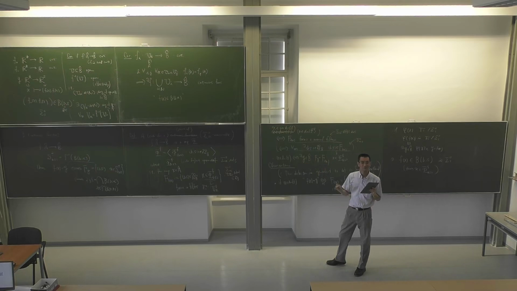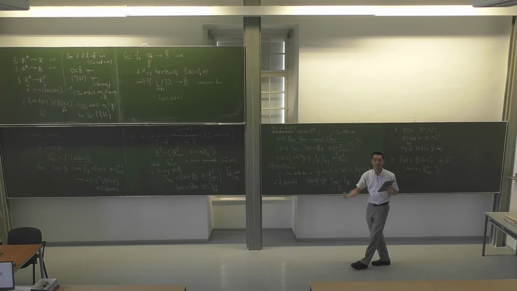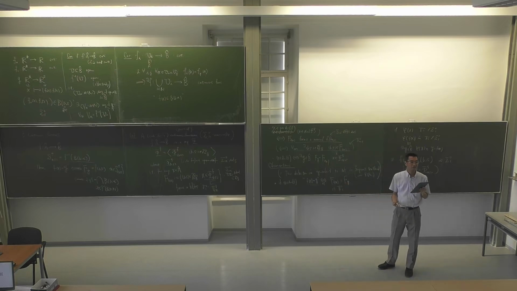When we do some analysis, for example measure theory, what we need is just a description of this kind: something is bigger than something, or something is smaller than something, in a relativized sense.